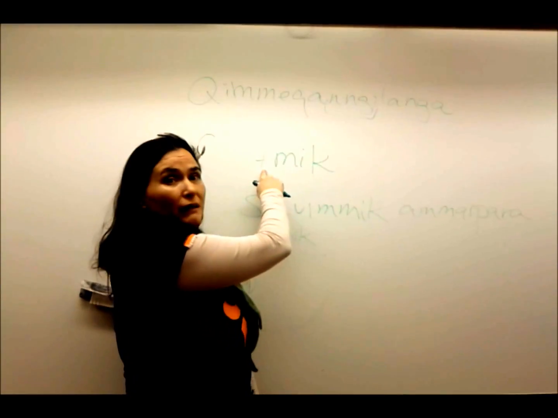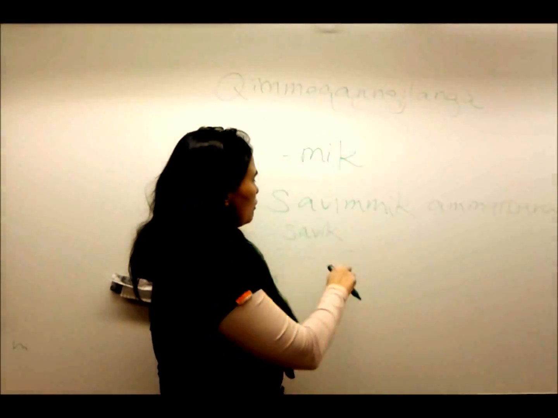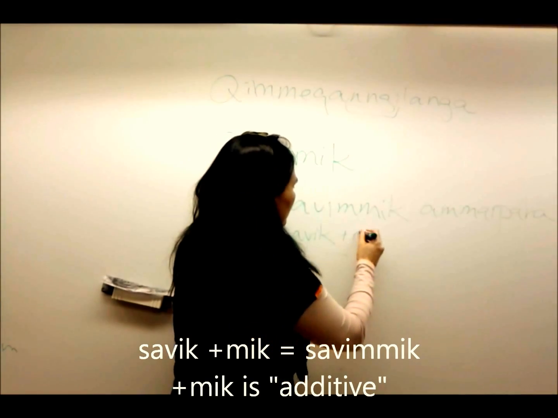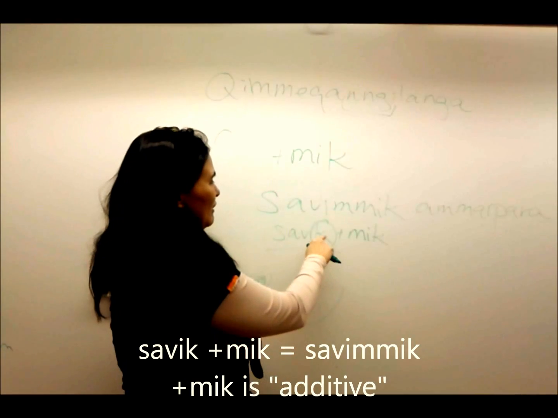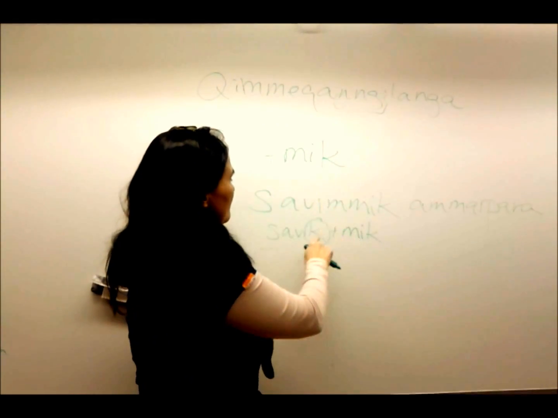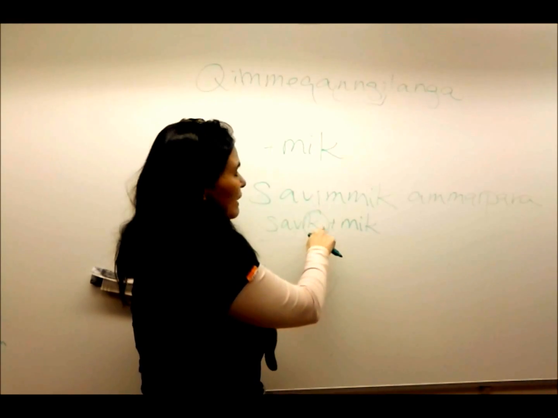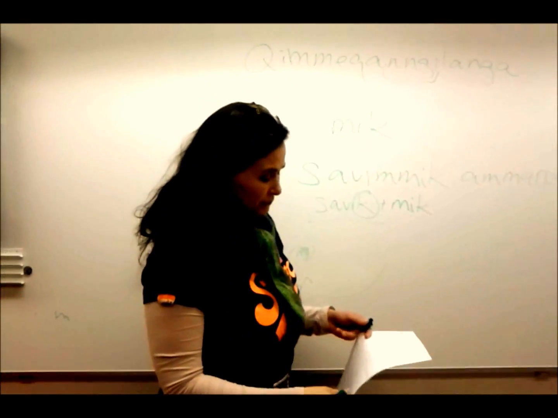And here there is a plus in front of this suffix, so it has an effect on the K. So it becomes two M's. Savimik ammarpara.